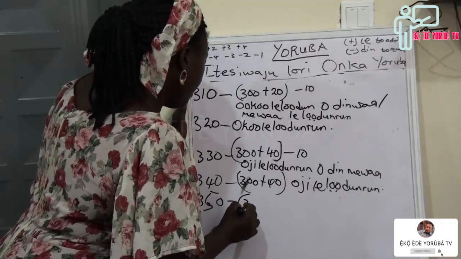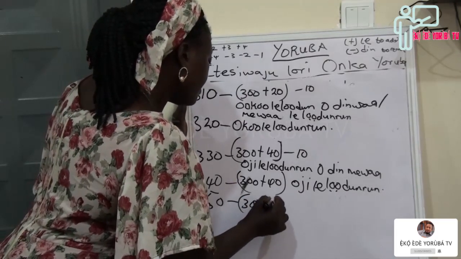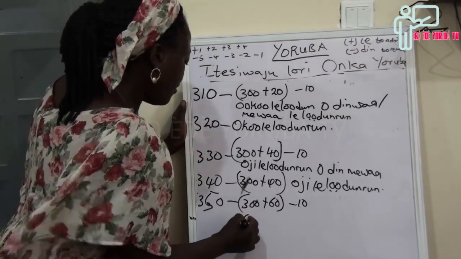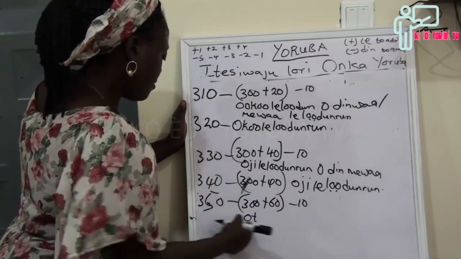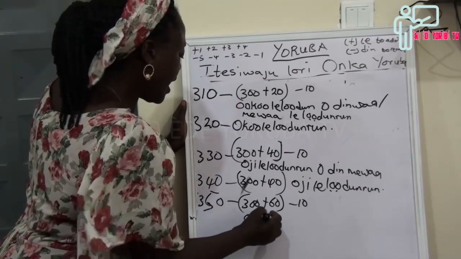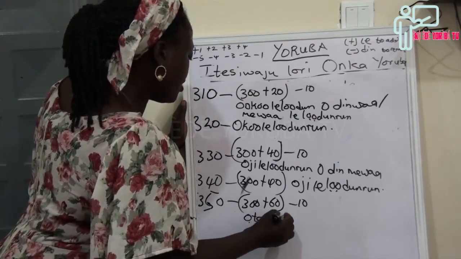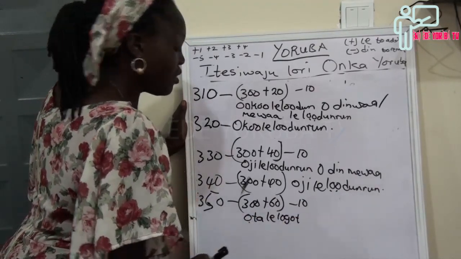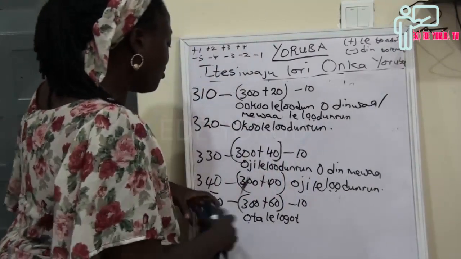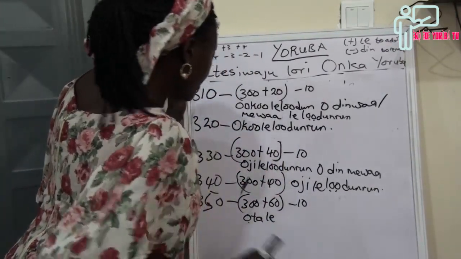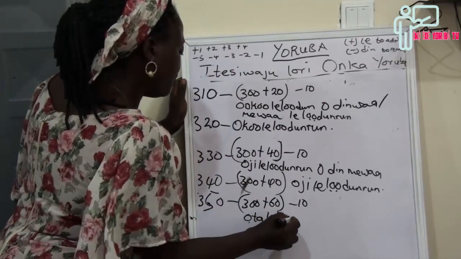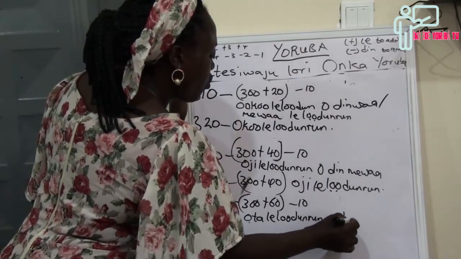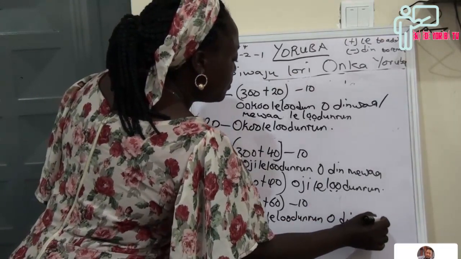That is 300 plus 60 minus 10. Ọ̀tàlélọ́ọ̀ọ́dúnrún ó dín mẹ́wàá.